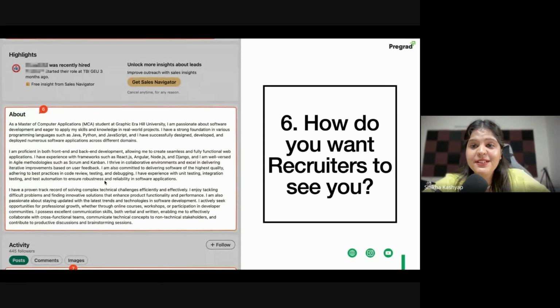But when we think about personalizing it, we need to do one more work before that. Let's understand what. That is, how do you want your recruiters to see you? Now, in the About section, you use AI, you don't use AI, you personalize AI, everything is fine.